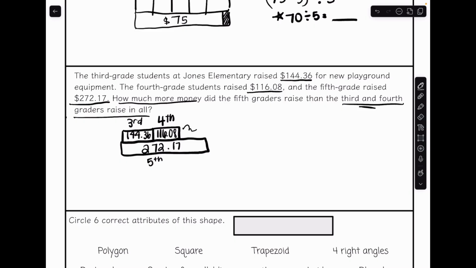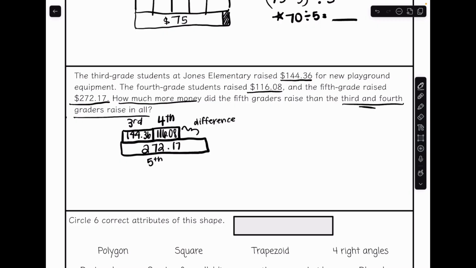And we are looking for the difference between third and fourth grade and fifth grade, right? So what we have to do first, if you go back to our question, it says how much more money did fifth grade.